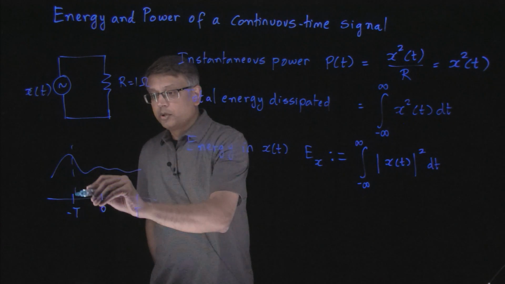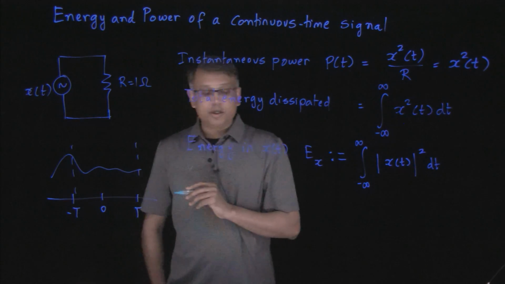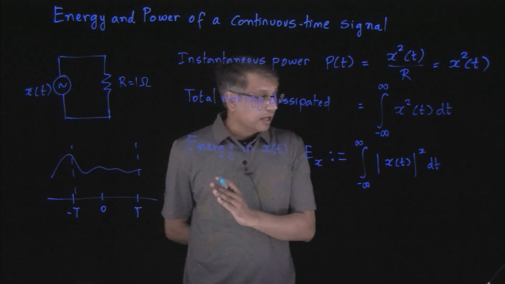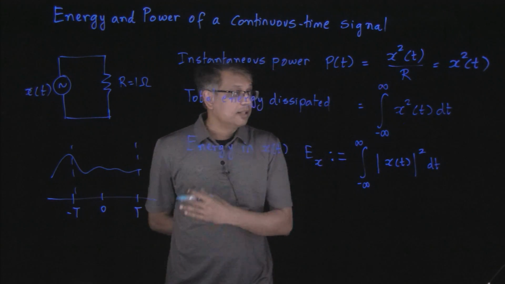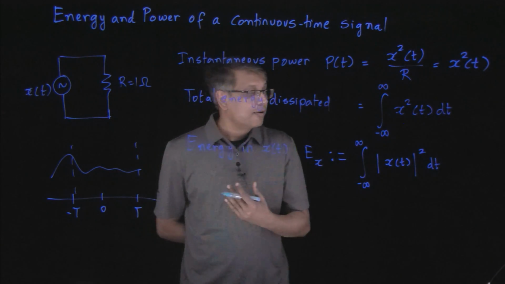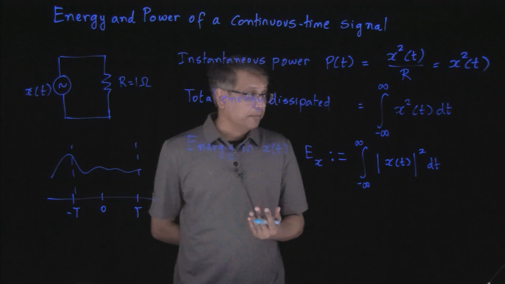We could compute the energy of the signal between time negative capital T and positive capital T, and I could take the average of the energy, because the power is energy divided by time.